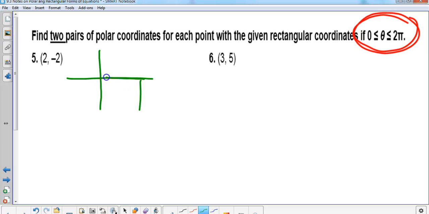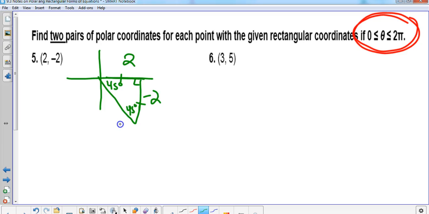So if we go right 2 and down 2, what can you tell me about that magical triangle we just made? It's got a 90 here. These are the same, so it's 45, 45, 90.